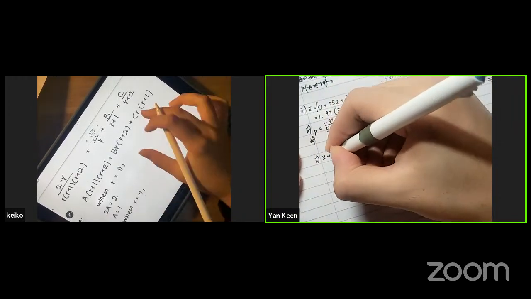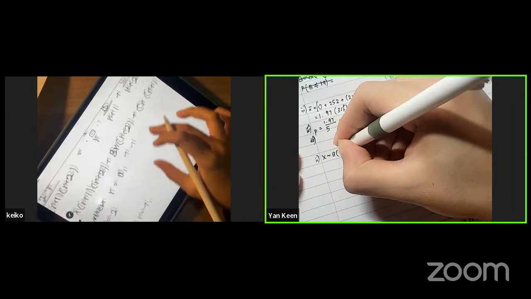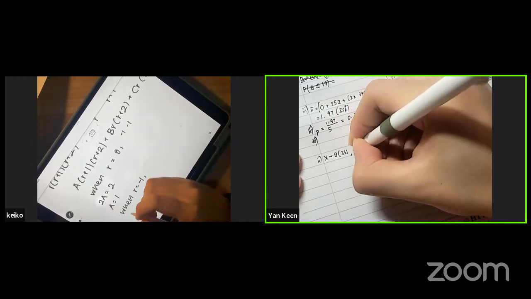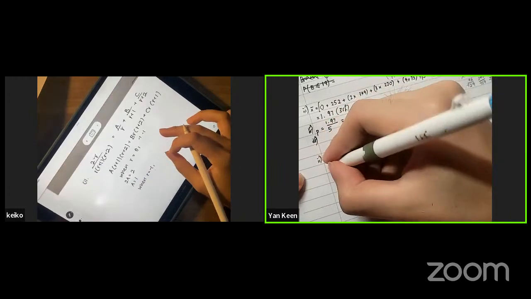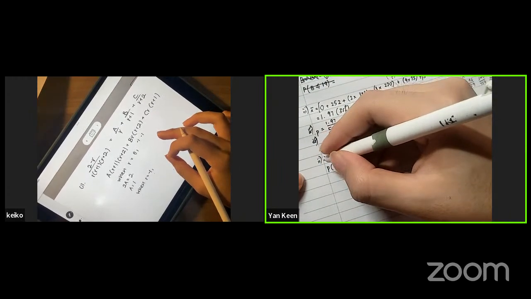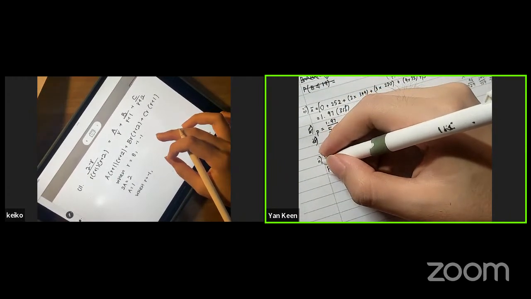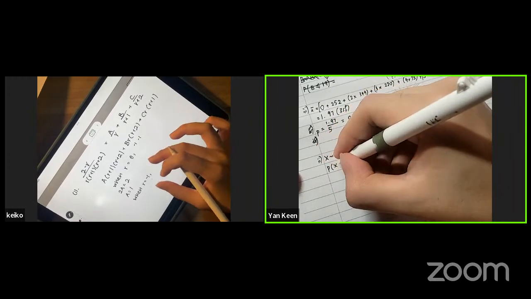X. P(X) at most, so at most means less than or equals to.